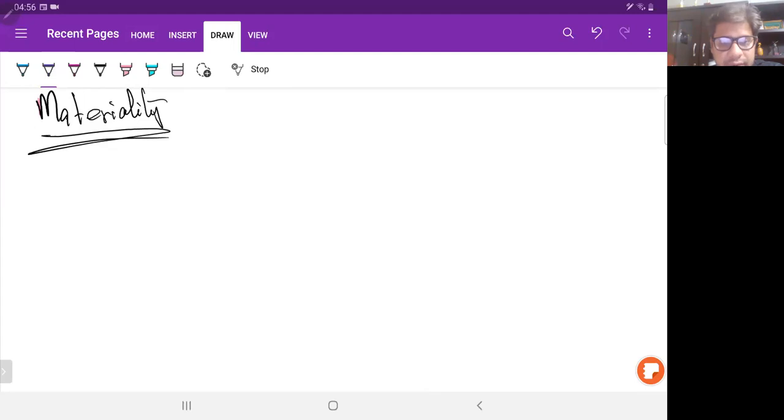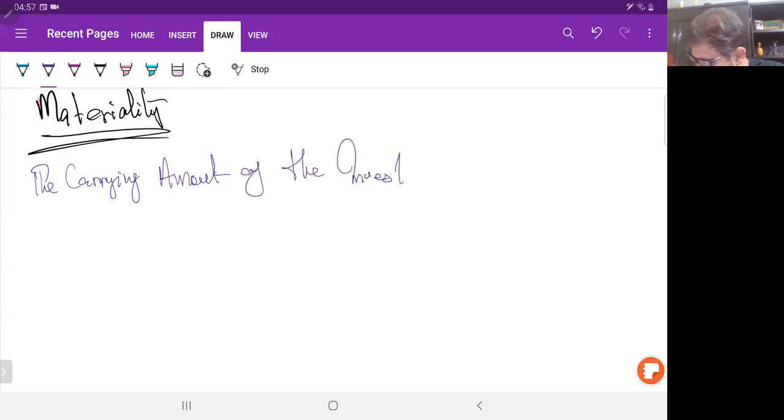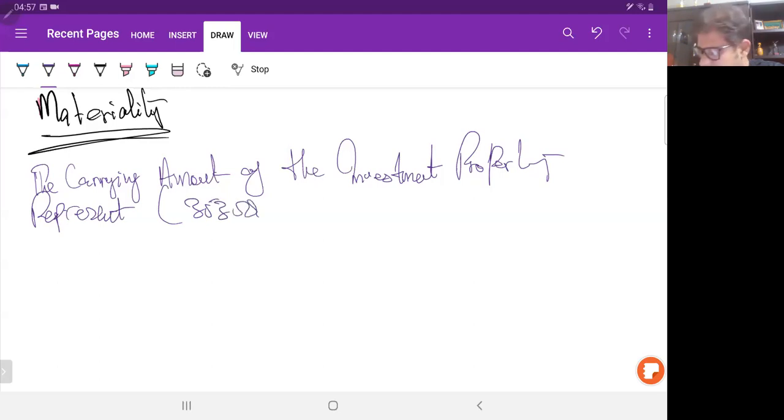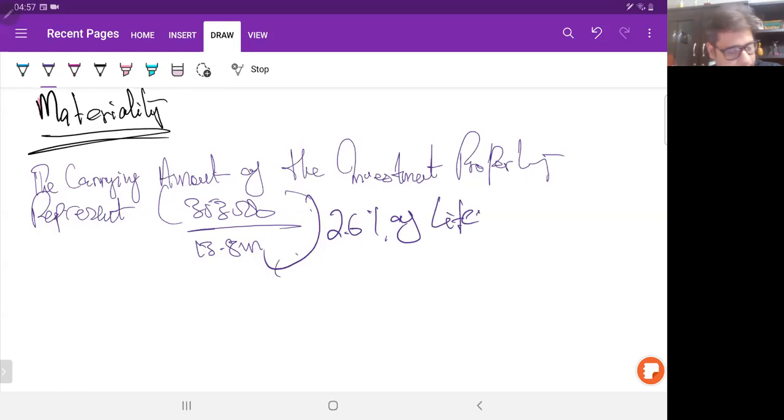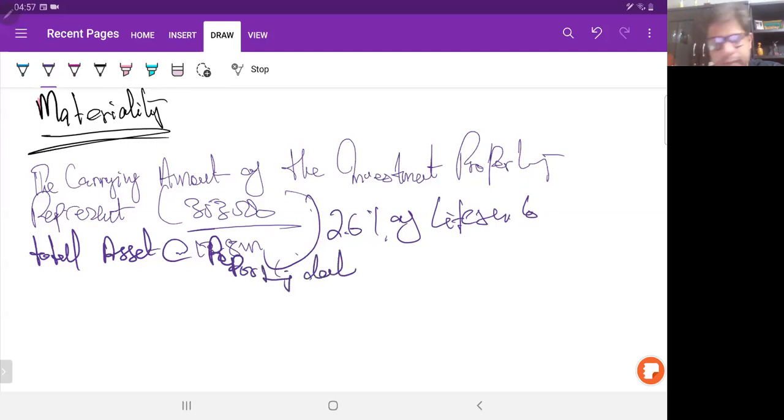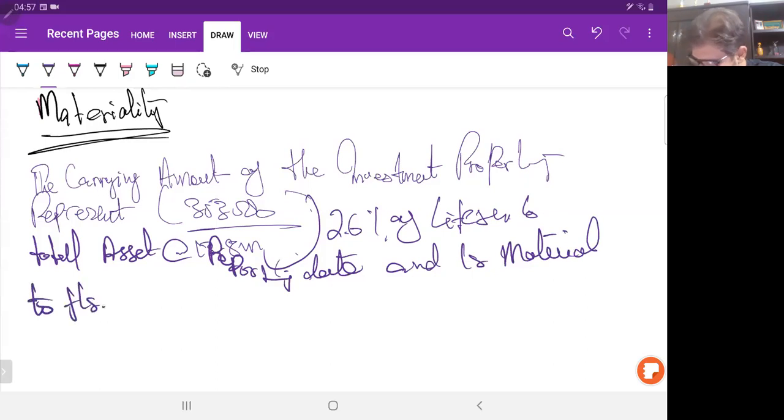What I'll say is that the carrying amount of the investment property, $353,000 divided by 13.8 million, that is total assets, is 2.6% of Lifeson Company total assets at reporting date, and is material to financial statements.